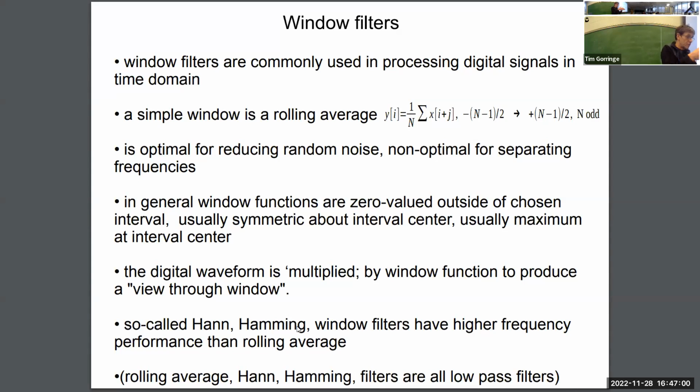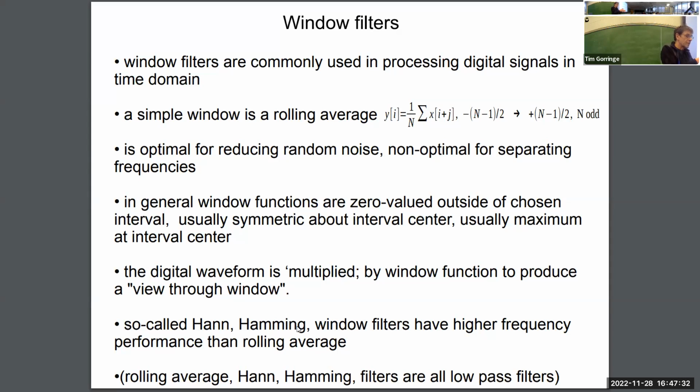If you've got 2 oscillations or 3 or 4 oscillations in your rolling average window, or your Hann or Hamming window, then again, those oscillations will tend to cancel each other out. So higher and higher frequencies are canceled out more and more by the rolling average or the Hann or the Hamming filter window.